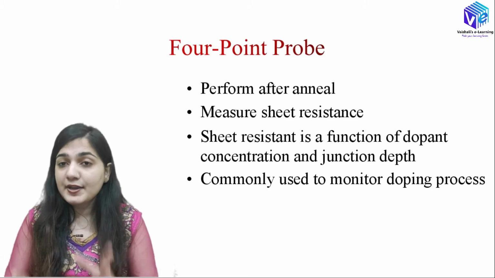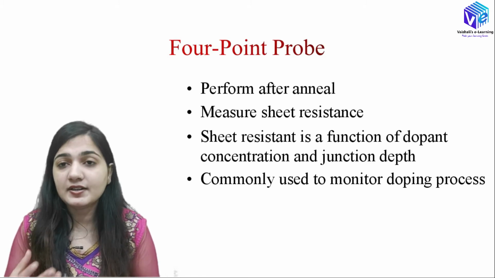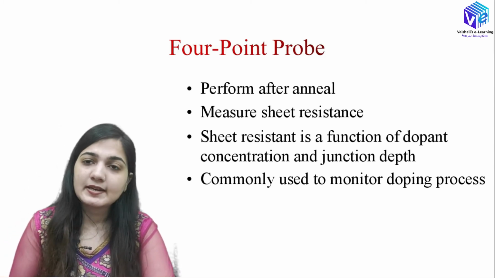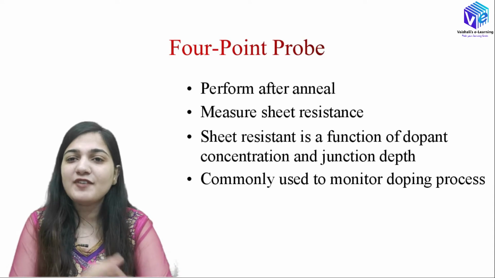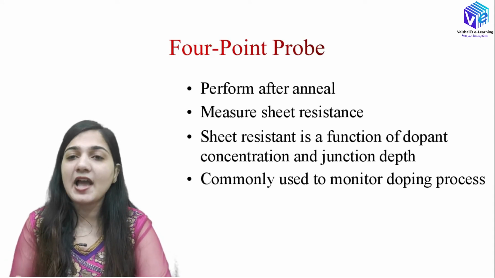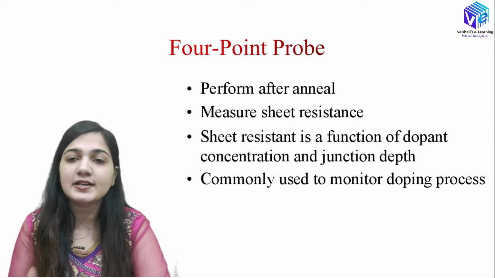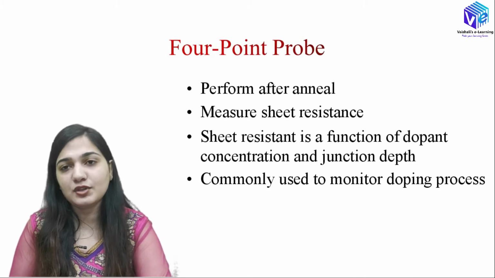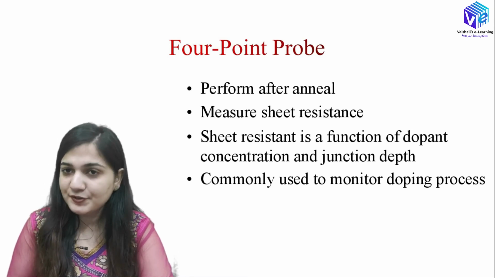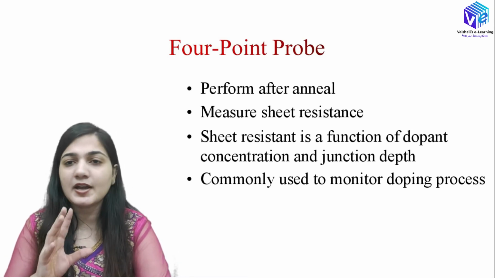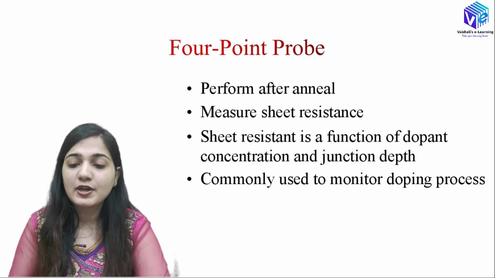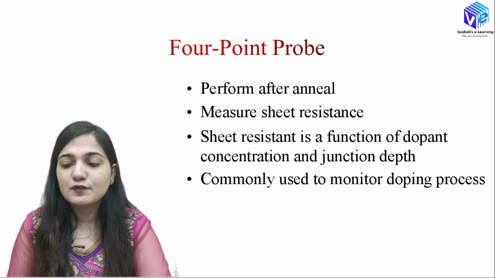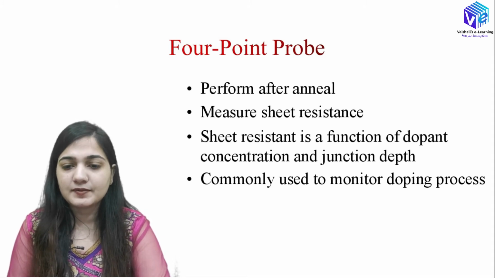If I have a higher concentration in the doped region, the sheet resistance will be lower. So by finding the sheet resistance, indirectly I am finding the dopant concentration and the junction depth. Both of them are related to the sheet resistance, so I can make inferences about them. It is commonly used to monitor the doping process.